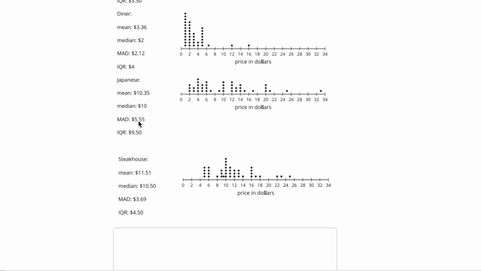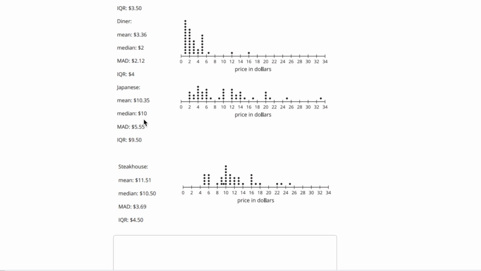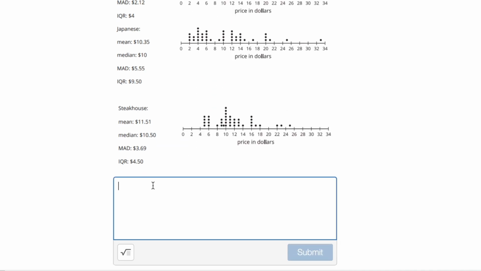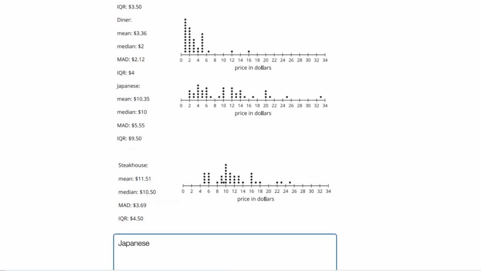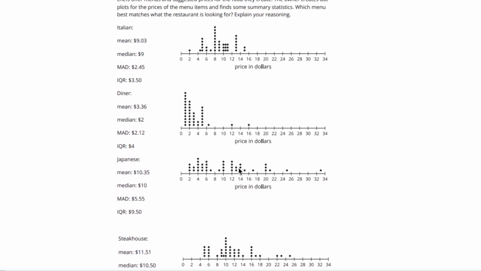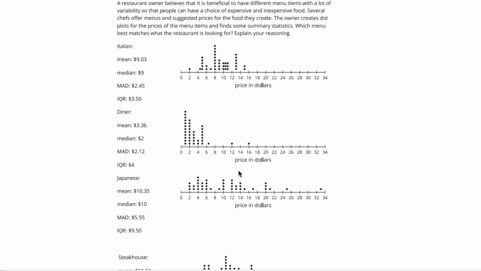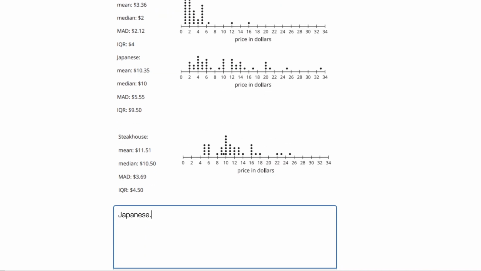So looking at the Japanese, you can see that the MAD and IQR are both higher than all of the other ones. So the Japanese is going to be the one where the variability is greater than any of the other restaurants. So Japanese is going to give you more of a variety of inexpensive and expensive foods, and it has a greater variability.